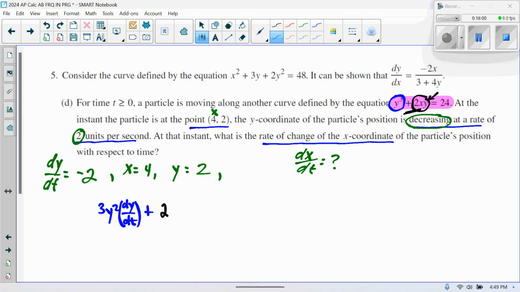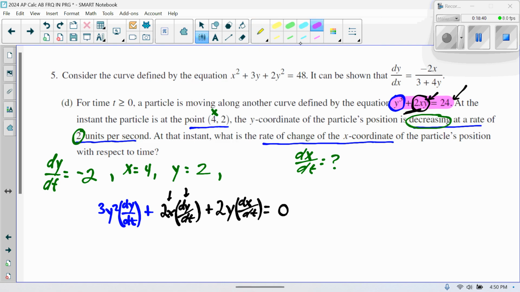So 2x times the derivative of y, which is 1, but since it's the derivative of y, we put dy/dt next to it. First times the derivative of the second, plus the second, which is just y, times the derivative of the first. The derivative of 2x is just 2, but since we're taking the derivative of an x term, it's dx/dt. Equals the derivative of 24, that's a constant, is 0. Yes, you need to take the derivative of the constant at the end.